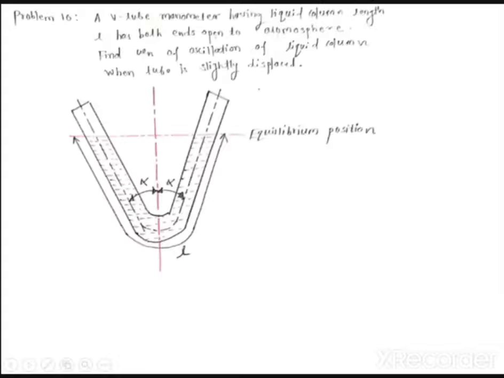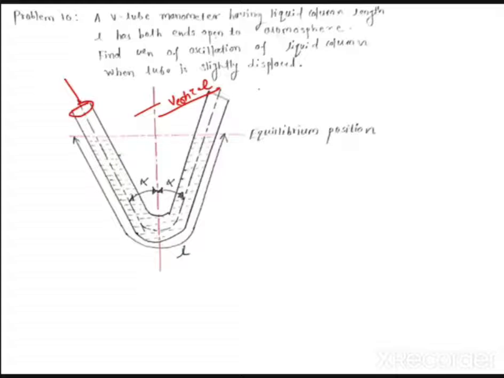Okay, you can see what they have given: a V-tube manometer having a liquid column has both ends open to the atmosphere. Find the omega n of oscillation of the liquid column when the tube is slightly displaced. Now in this figure it is very important. This is a vertical line, and this is the center line of the tube.